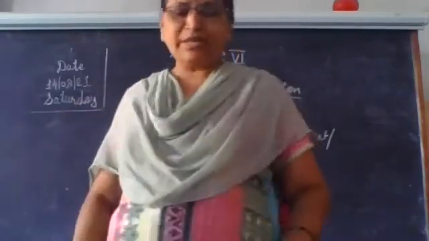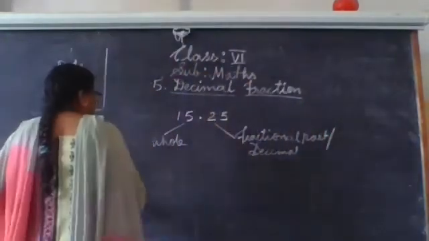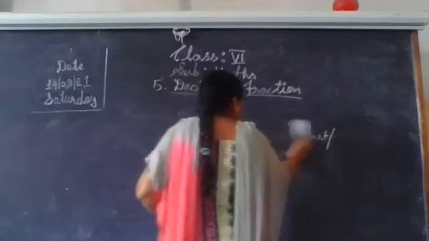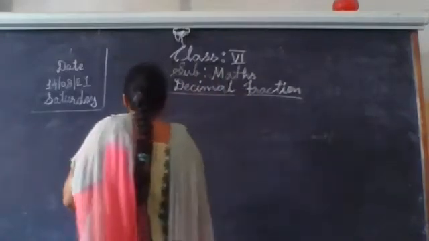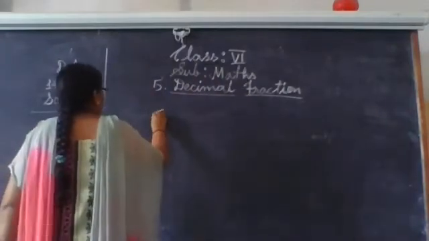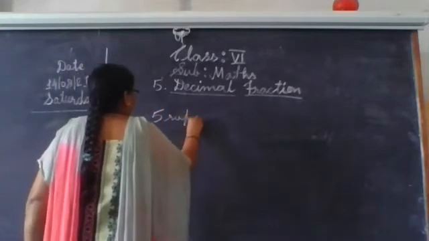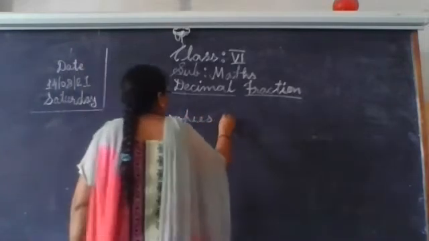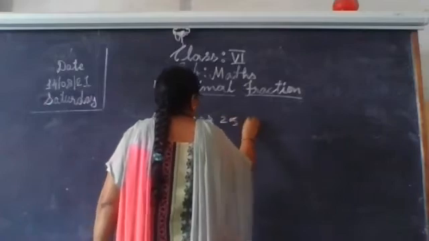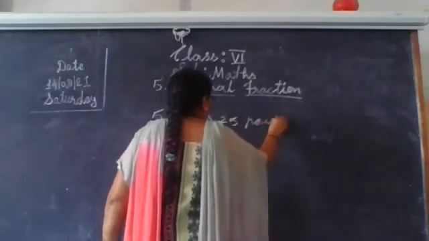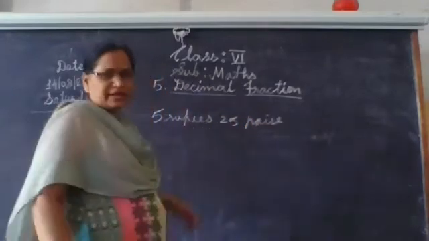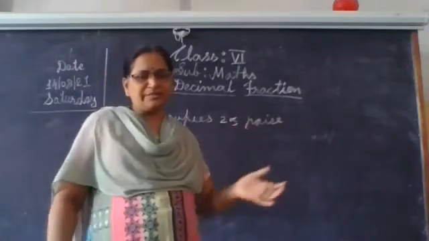For example, see beta, how will you write 5 rupees and 25 paise using a decimal fraction?